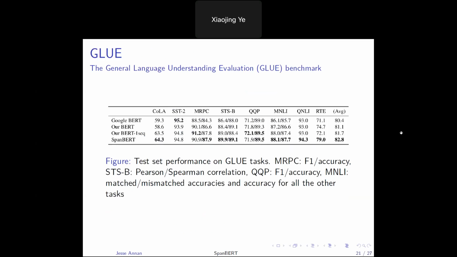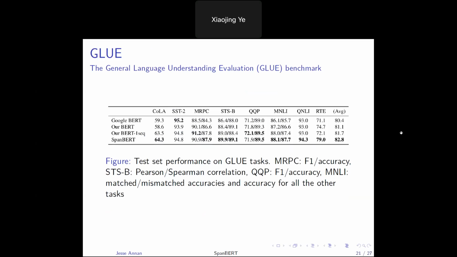So one, like the QQP, where the task is to identify semantically equivalent sequences, right? And the MRPC, the task is to identify if two sentences are paraphrases of each other. So these tasks are very difficult, but it is something that humans kind of know, right?